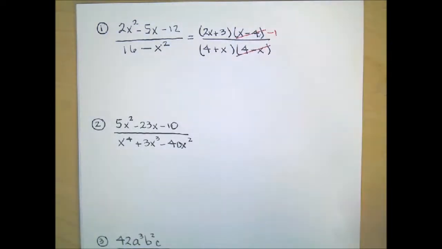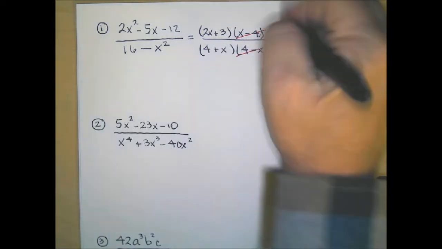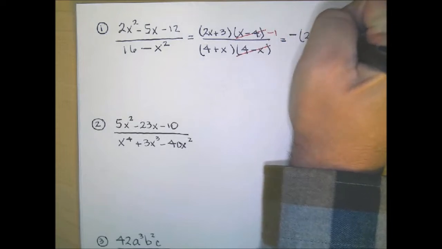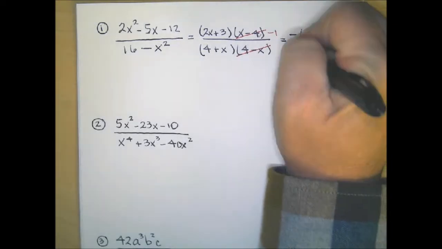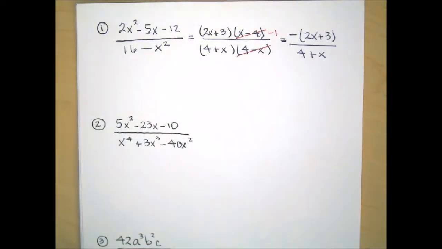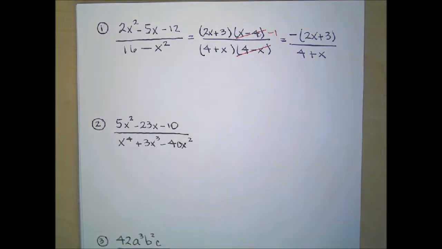So I could write the answer as, I'm just going to put that negative sign in front of the 2x plus 3, and I'm going to put the denominator as 4 plus x, and you could put that in parentheses if you want, or you don't have to. It's your choice. But that's my answer right there.